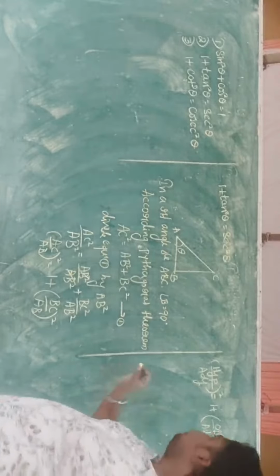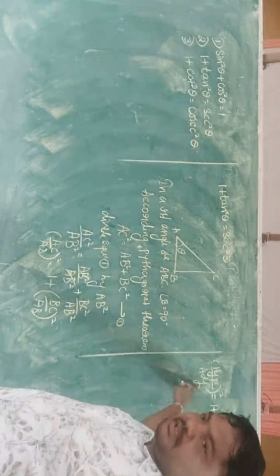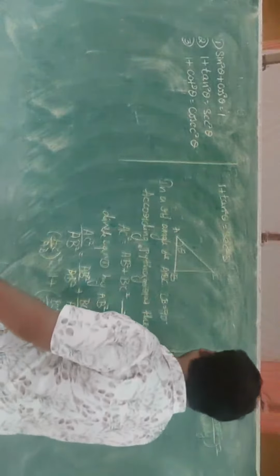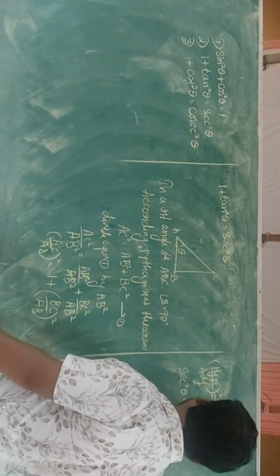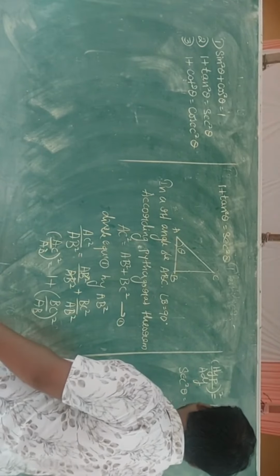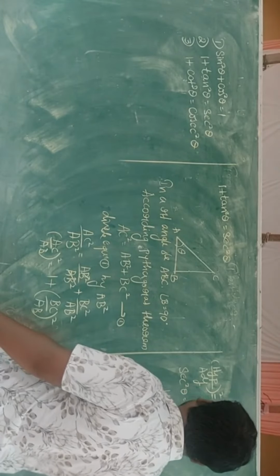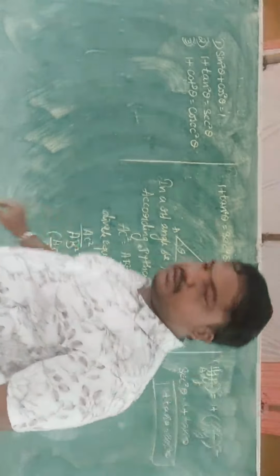Am I right? So the ratio hypotenuse upon adjacent is nothing but sec square theta, is equal to 1 plus the ratio opposite upon adjacent, which is tan square theta. So 1 plus tan square theta is equal to sec square theta. This is the proof of the second identity. Note down.